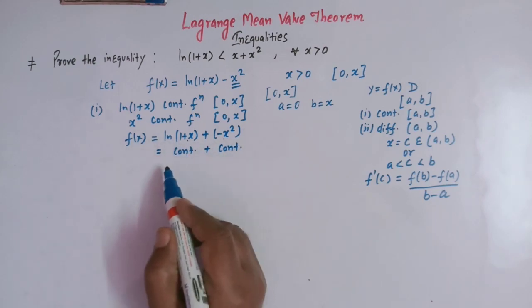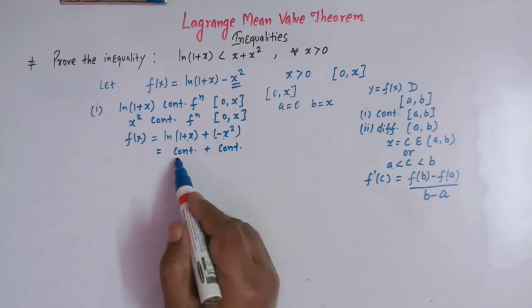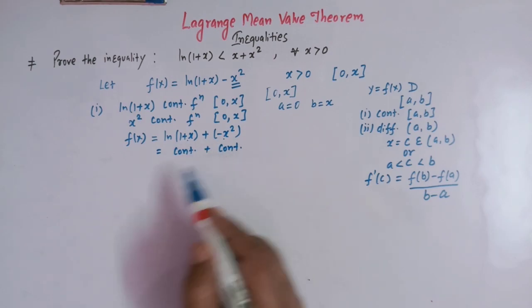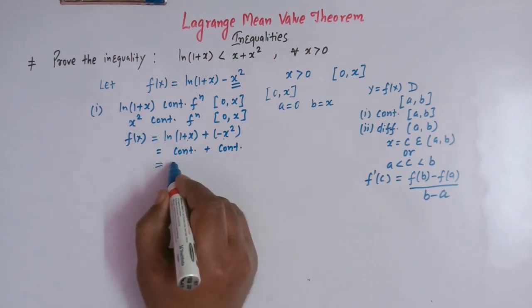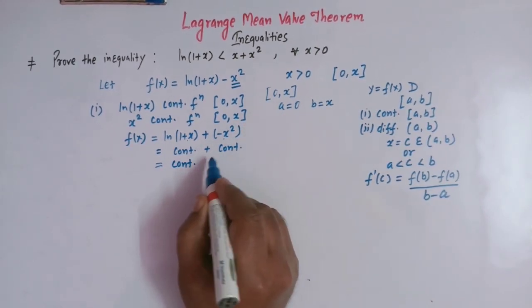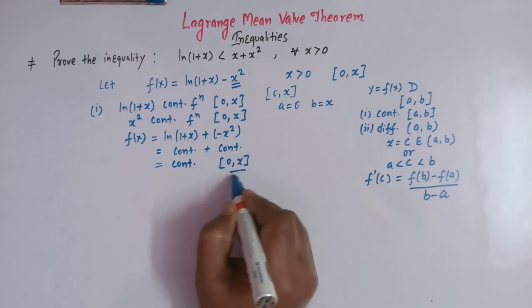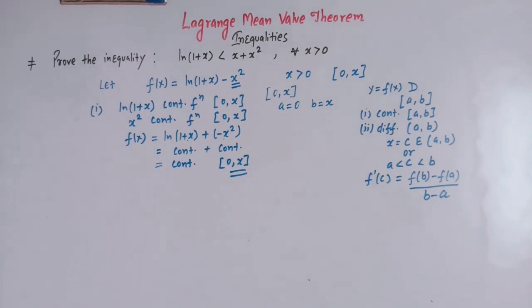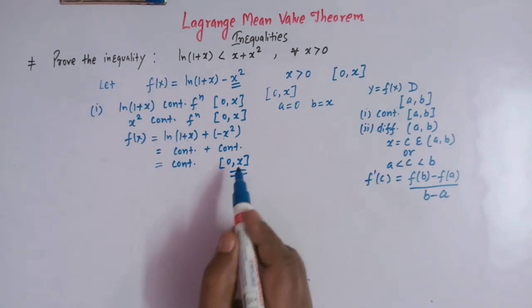So we know that if a function is expressed as a sum of two continuous functions, then the function f of x must be a continuous function in the interval 0 comma x, right? Okay, so now we have shown that this function is a continuous function.